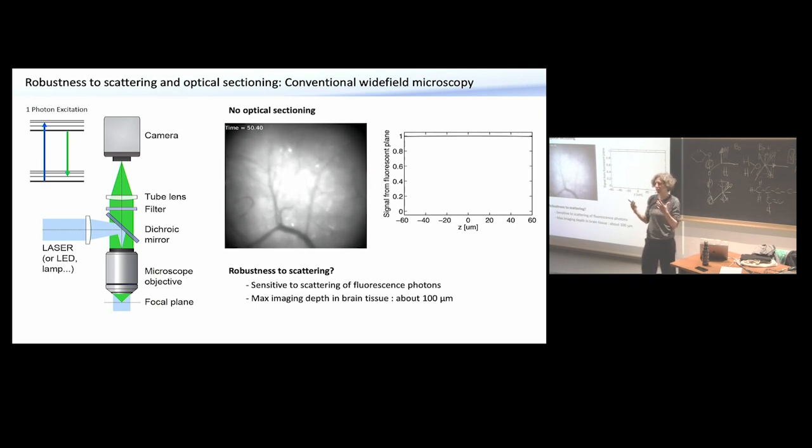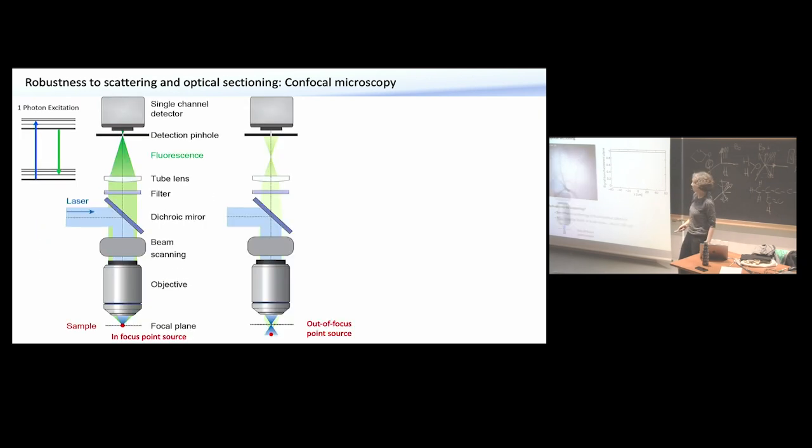As soon as you have diffuse scattered photons, they will blur your image. So you will be limited to a maximum imaging depth of about the scattering length, 100 micron. So an easy technique, but not so good in terms of sectioning and scattering.